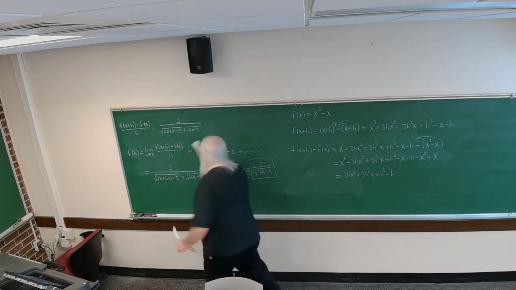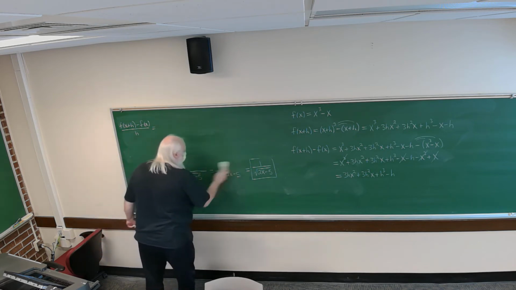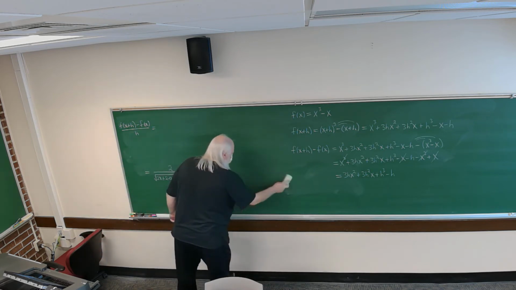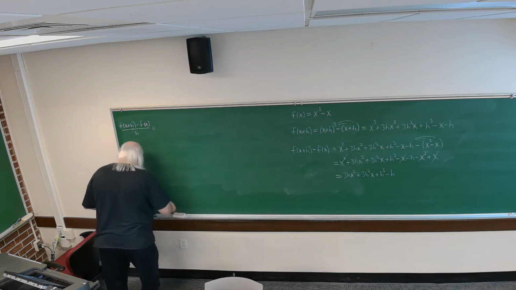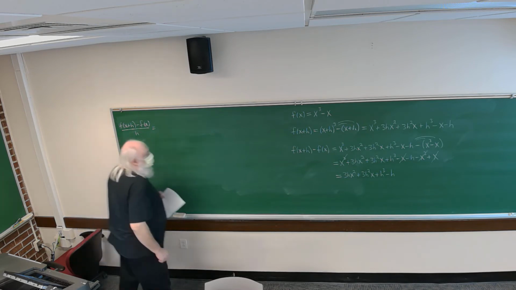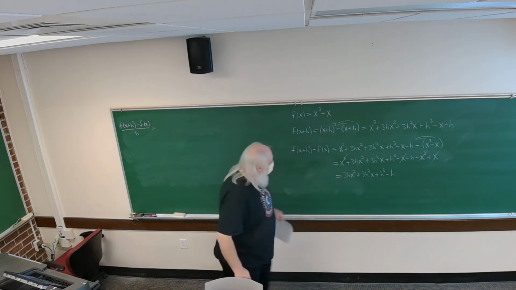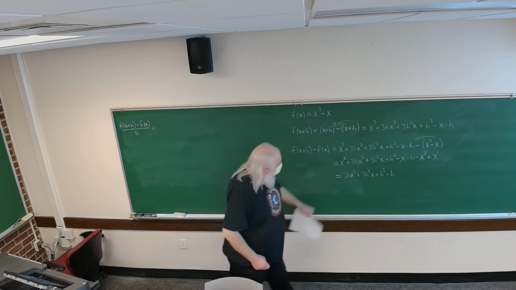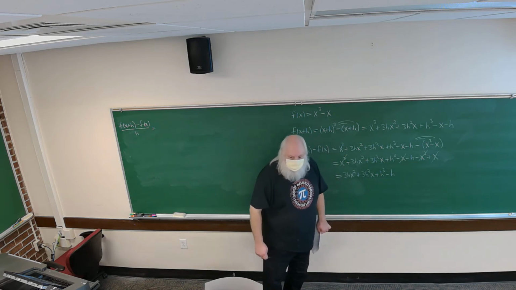So to finish the difference quotient, we now have to divide left and right hand side by h. So f of x plus h minus f of x over h. Divide the left hand side by h, divide the right hand side by h. And when we divide the right hand side by h, each of those terms has to be divided by h, right?